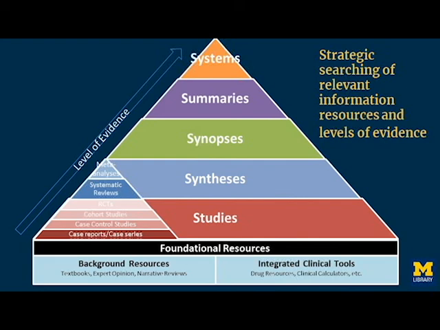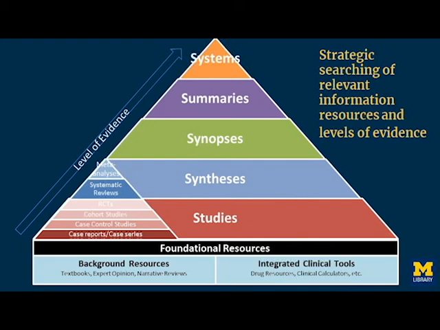If your clinical question is dealing with the concept of prognosis, you may want to go to cohort studies. If you're looking at risk or etiology, you may want to go to case control. The issue here is, yes, we do see systematic reviews and randomized control trials as the higher levels of evidence.